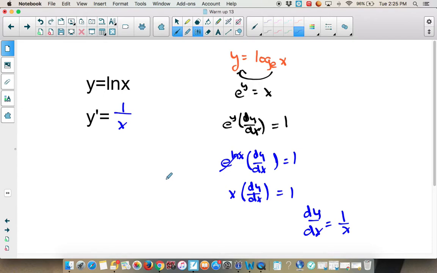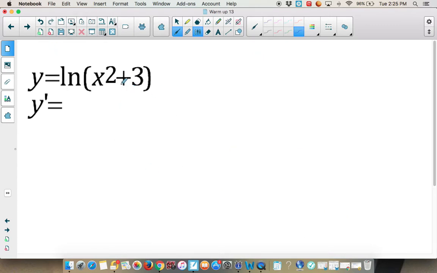Of course, it's never going to be that simple, so it's going to involve the chain rule. I think I want to do a different example before I do this one.